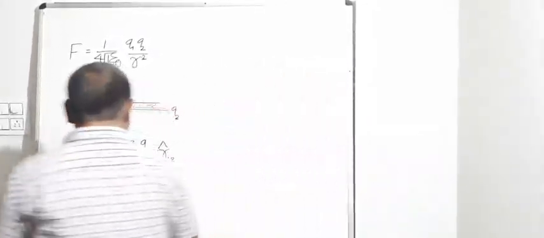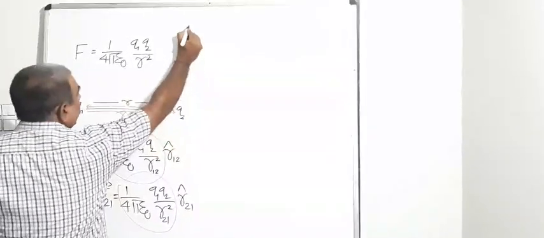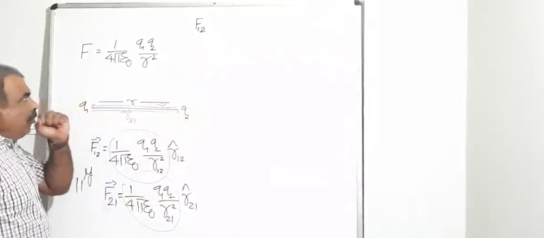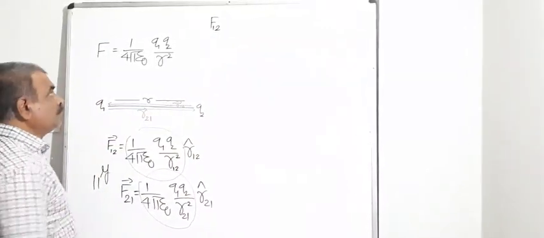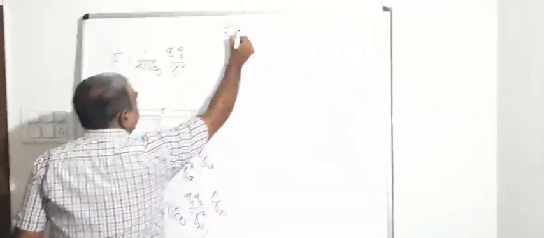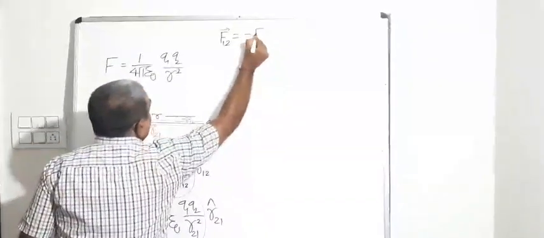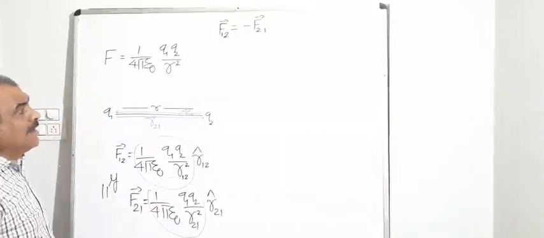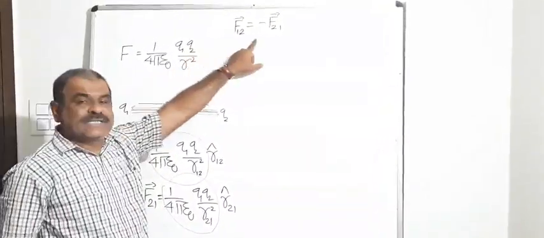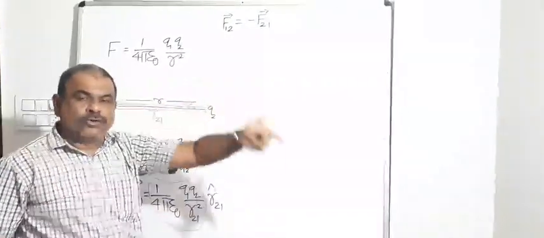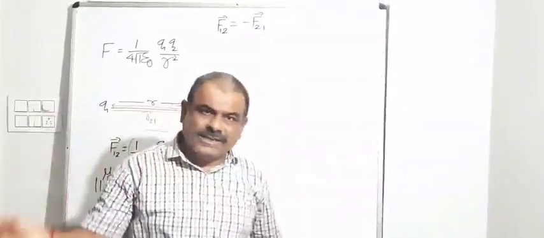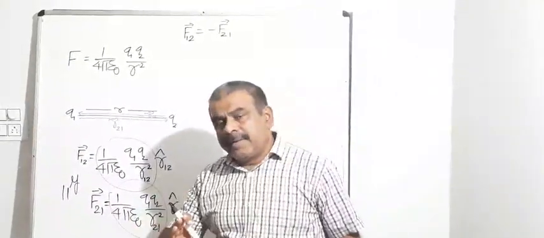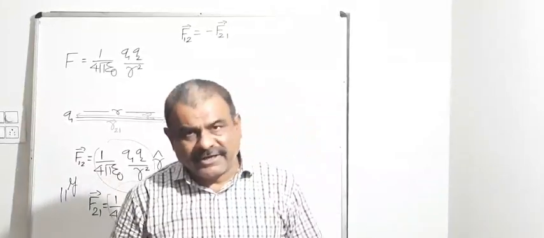So can you say that F12, the force on 1 by 2, is equal to minus F21, the force on 2 by 1? These two forces are equal and opposite. Like if the force on 1 by the second charge is 10 Newton, then the same force will be on the second charge, but the direction will be opposite. If you remember, the same concept was there for gravitation.